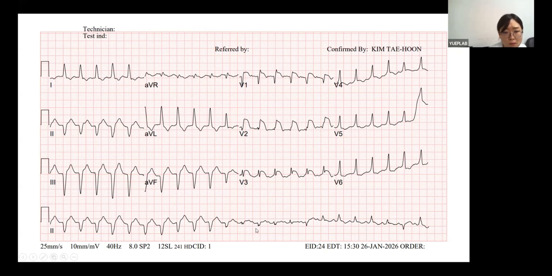So this is P QRS, P QRS, P, but this QRS looks a bit different. P, this also looks a bit different. So around here we have some fusion, but I can't explain why these last two are different from the previous two. I think these ones are fusion beats, but this and this, I can't explain why they are different. Then here, I think we have maybe a sinus capture.